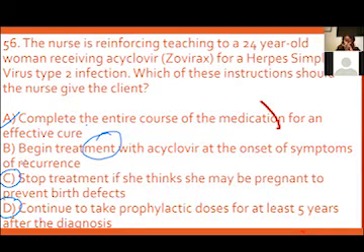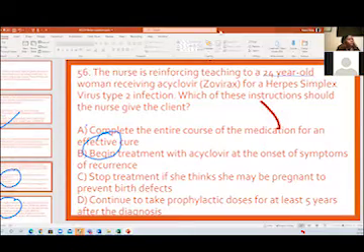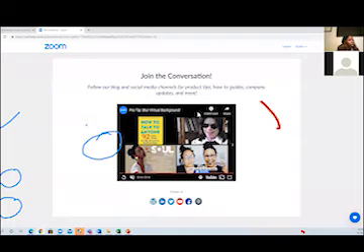Herpes simplex 2 is anywhere below the waist, which is normally at the private parts. So here is how I remember herpes, and I'm going to stop showing my slide for a minute and go on the internet. Here's how I remember what herpes is, what the signs and symptoms are, and how you can remember.